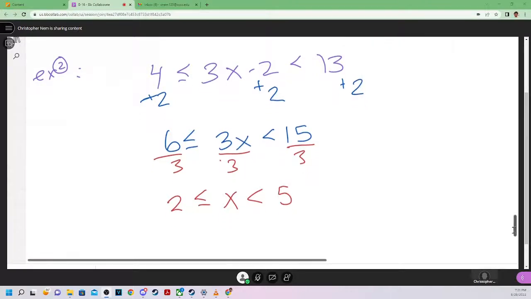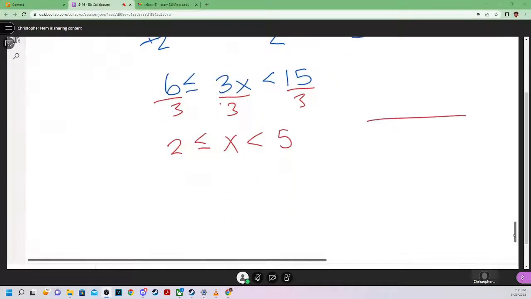And then how do you write this? So if we were to just draw your number line, 2 is over here, 5 is over here, 0 somewhere over here. I like to just draw 0 just because. And it says x is in between these two values. So x has to be between 2 and 5.